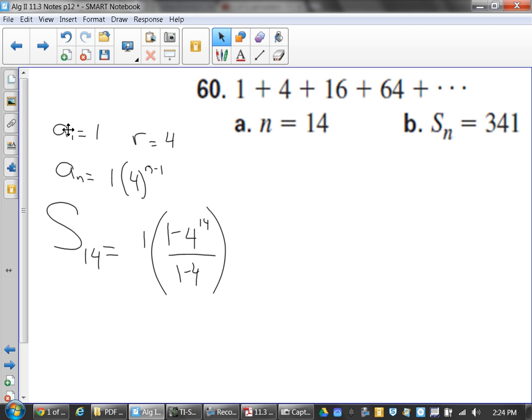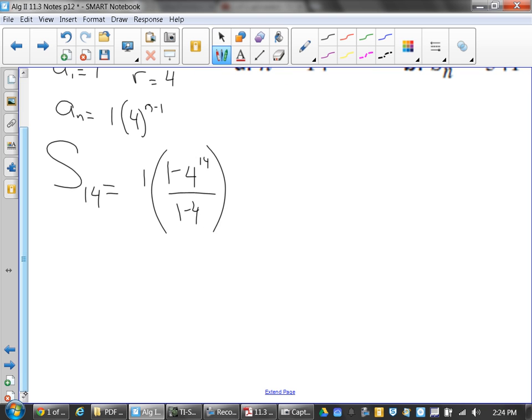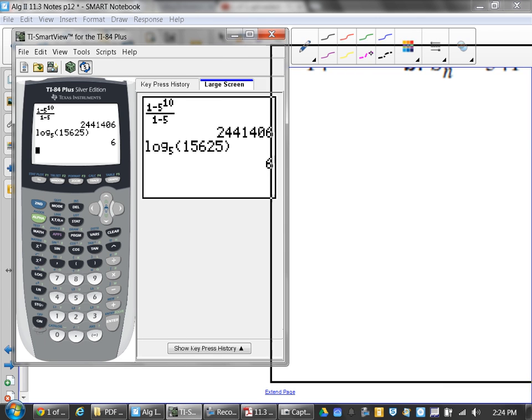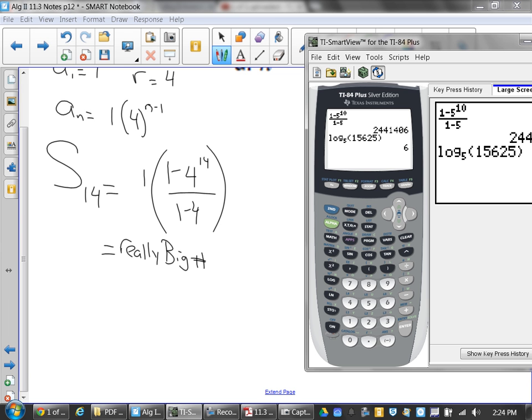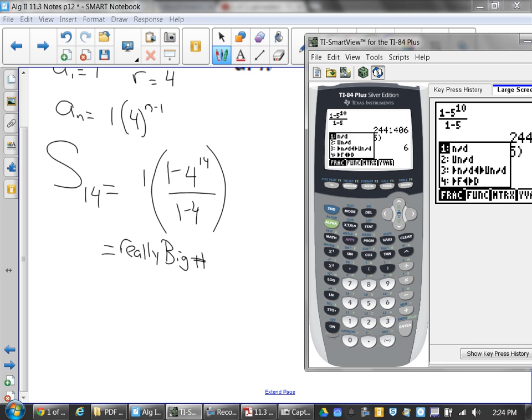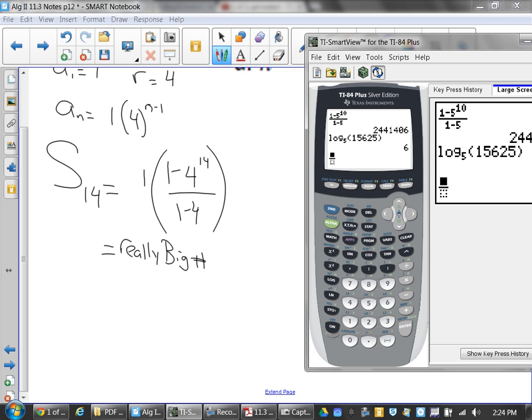And when you start typing in the calculator, oh man, these are fun. Got the answer. So you walk through it. It's a really big number.